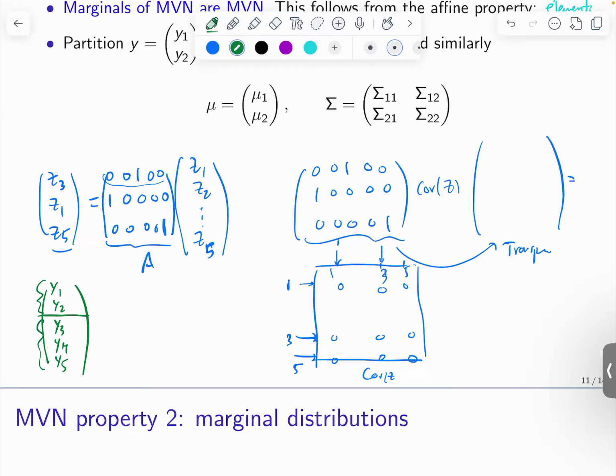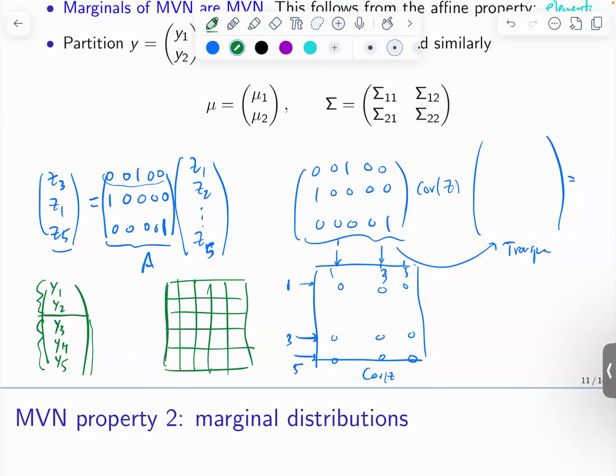So this part will give me one marginal, this will be another marginal, and then you can read it off the corresponding blocks of the covariance matrix. So this part of the covariance matrix would be the covariance of that. This part would be the covariance matrix of this. And then this would be the covariance.